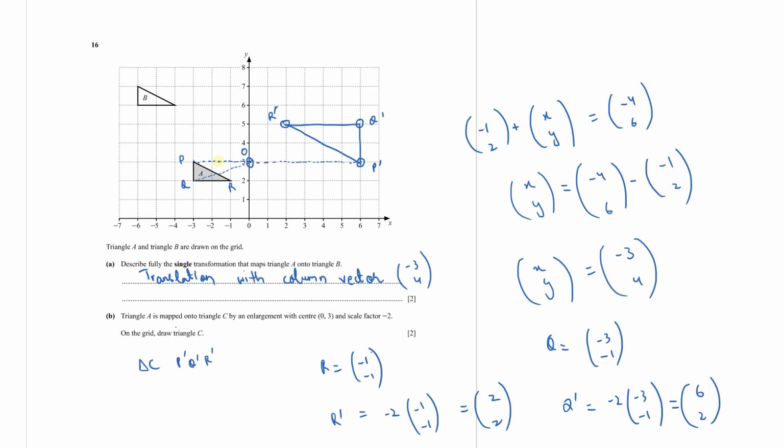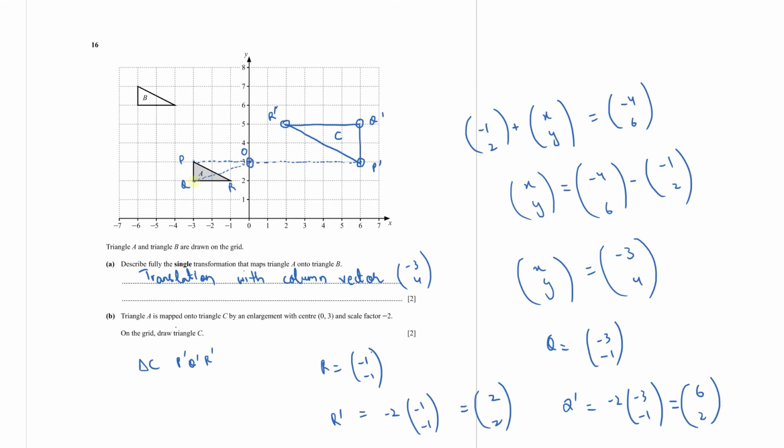So you can either draw these lines and then extend them, or use the column vector method to find this triangle C. But remember, if the scale factor was +2, your image would be on the same side. If this was again 2 centimeters, your point Q prime would be 4 centimeters.